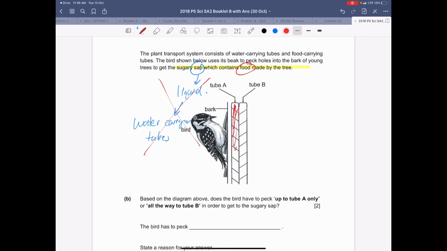Let's move on. Would the electric lock work if the iron core is changed to a wooden core? Now this is a very common misconception. A lot of you put no, but your reason is wrong. You tell me that wood is an insulator of electricity. Yes, while that is true, the problem is that they're talking about the core here. Electric current is not running through your core, it is running through the wires.